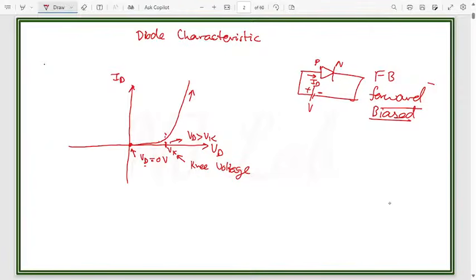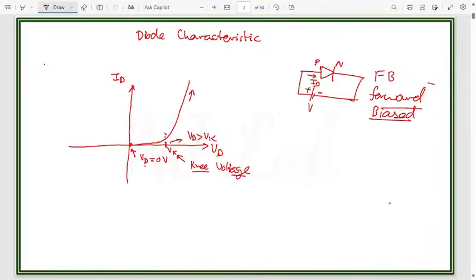Means the conduction of the current is established after Vk, after the knee voltage. Before the knee voltage, the current will be very, very less, so we can simply ignore it. It is negligible.